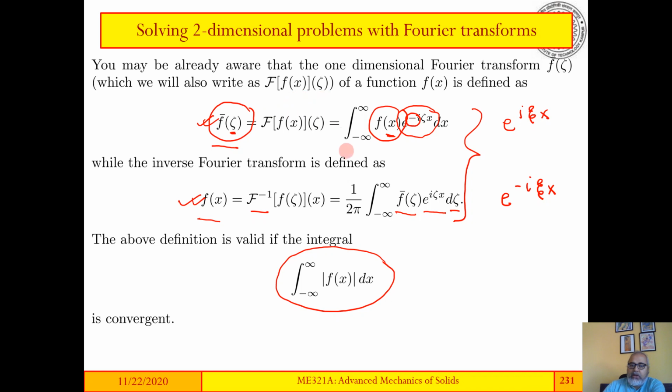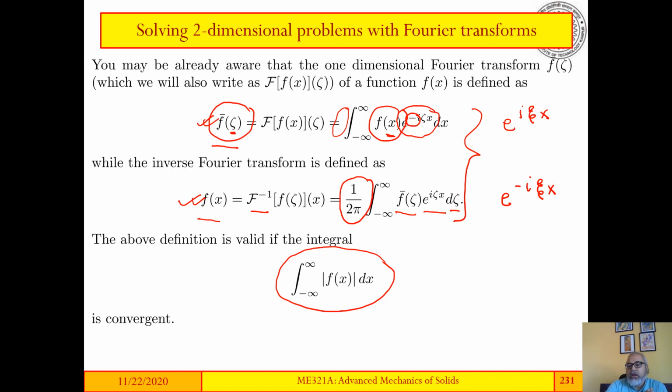And this factor of 1 by 2 pi, many people use 1 by root 2 pi here and 1 by root 2 pi here. That's also a valid definition. So you have to basically define the Fourier transform and its inverse correctly, so that F of F inverse of a function gives the function itself.